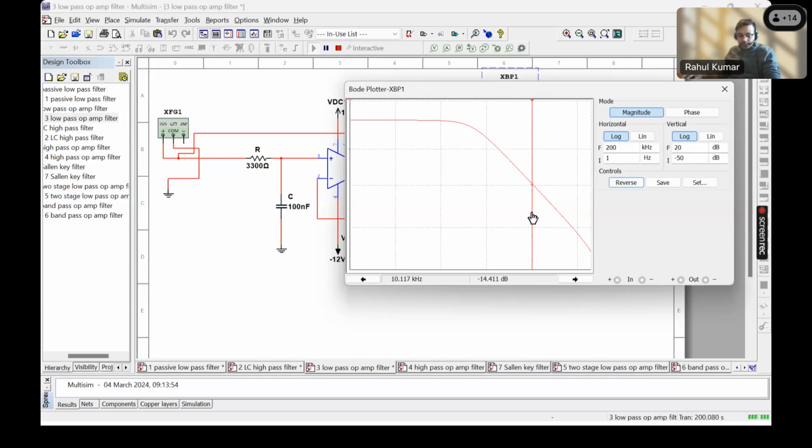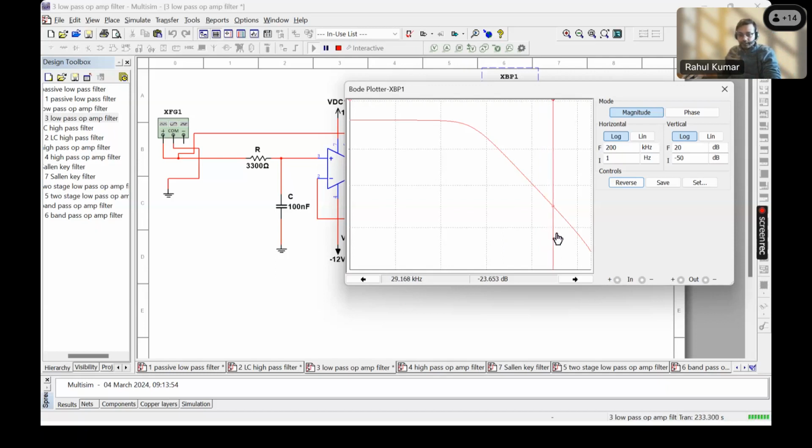One octave means double the frequency, so around 20 kilohertz, we are getting about minus 20 dB. So from minus 14 to minus 20, that's around minus 6 dB per octave.